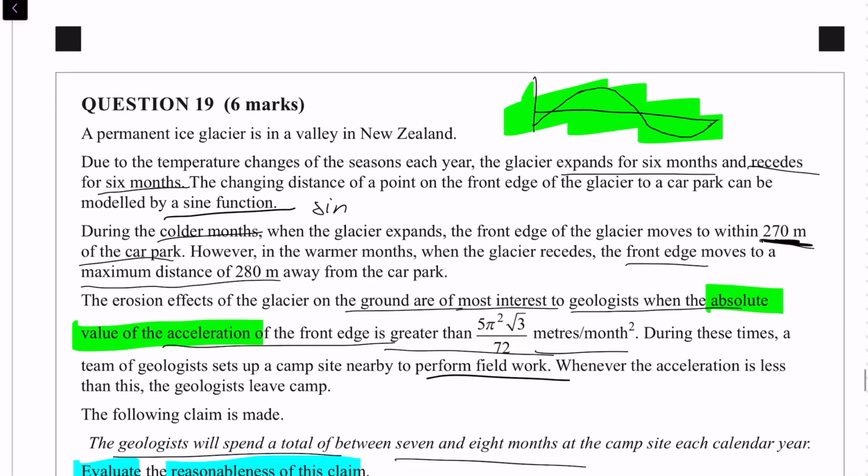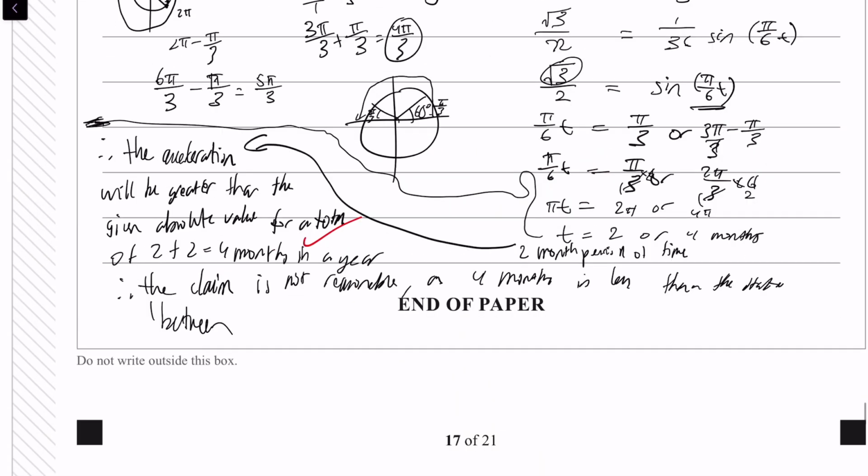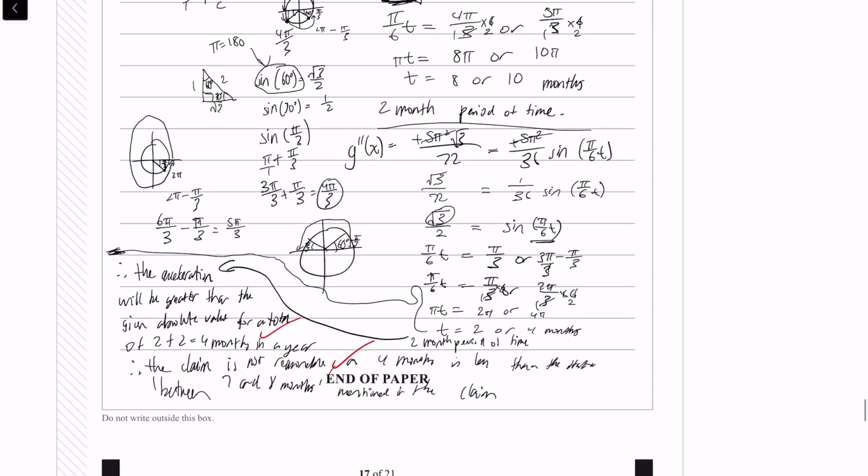Between 7 and 8 months mentioned in the claim. Okay, so you get that mark for saying the claim is not reasonable.